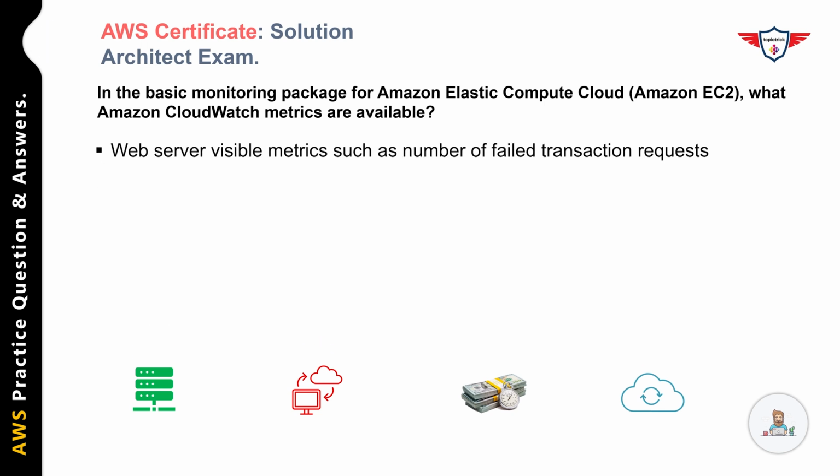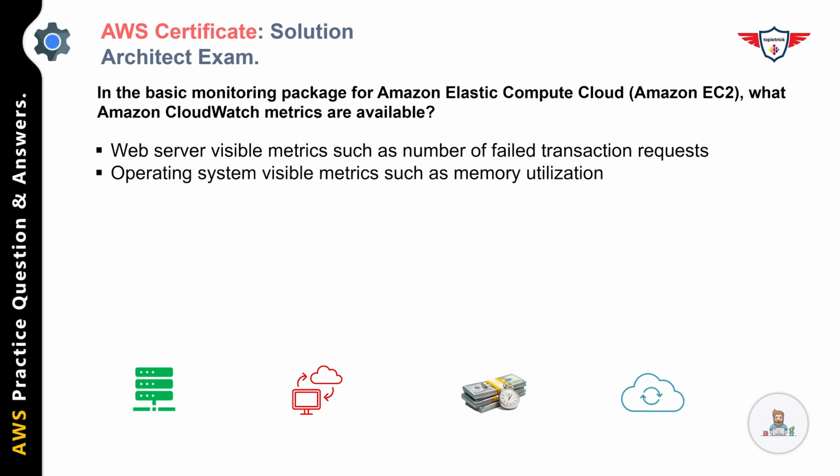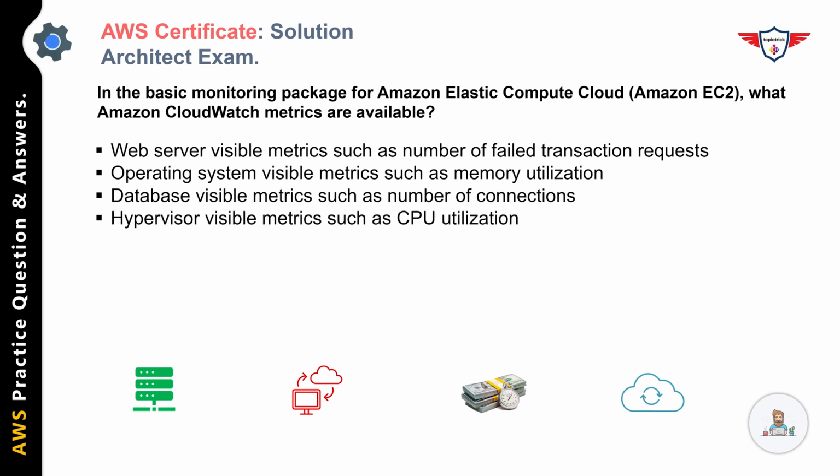Your options are web server visible metrics such as number of failed transaction requests, operating system visible metrics such as memory utilization, database visible metrics such as number of connections, and the last one is hypervisor visible metrics such as CPU utilization. And the correct answer is option D. Amazon CloudWatch metrics provide hypervisor visible metrics.